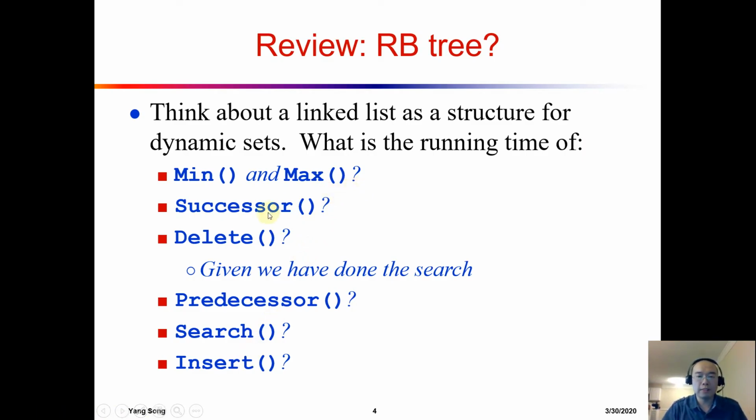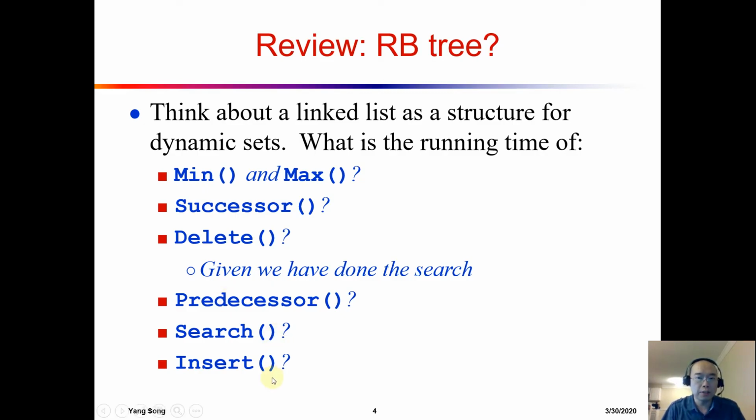And how about the successor? The successor and the predecessor can also be done in O(log n) time. And for the deletion, I require you to read the textbook, and you should know this is also O(log n) time. For the search, if you want to search in a red-black tree, the tree's height is O(log n), so the search is also O(log n).